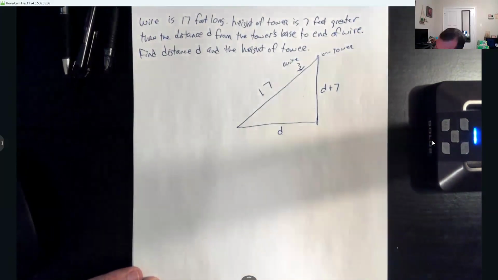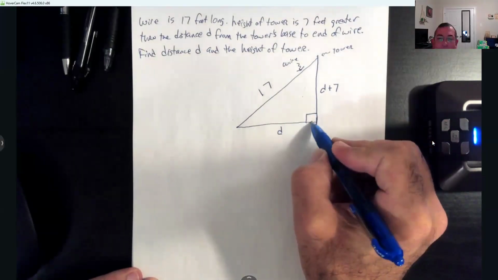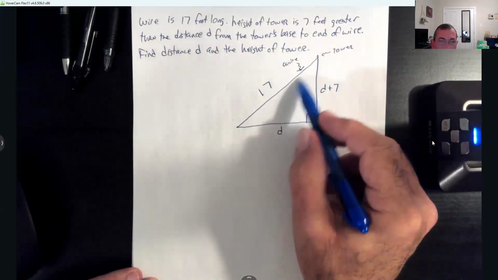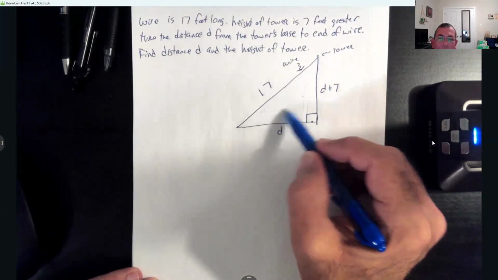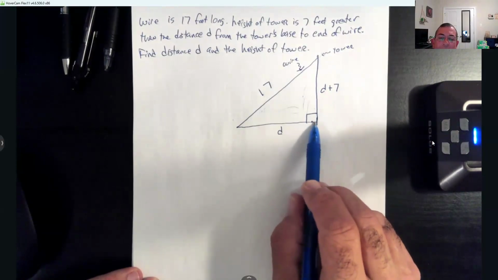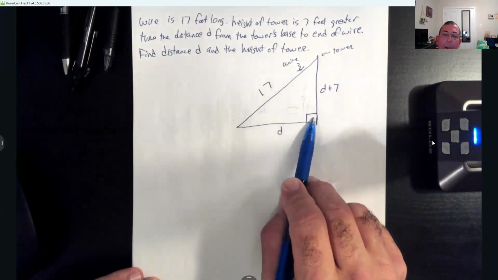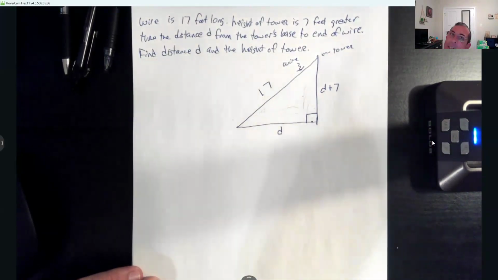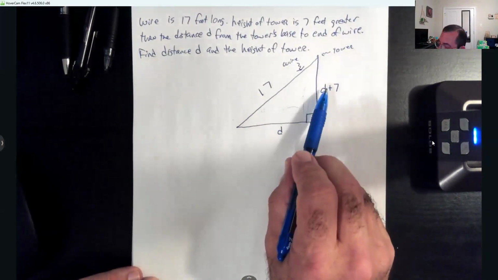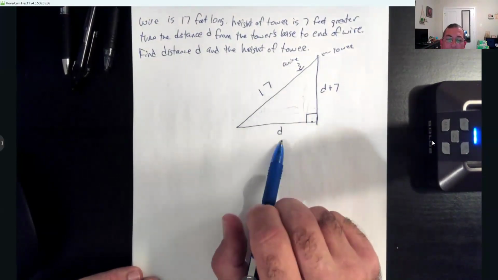Now, what we hope y'all are realizing is this makes a right triangle. So it's a triangle. It's got a 90-degree angle on this corner. So that makes it a right triangle. So y'all should know a nice little formula that finds me the sides of a right triangle.